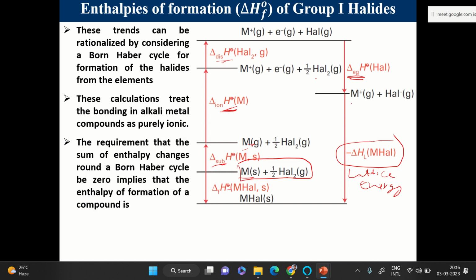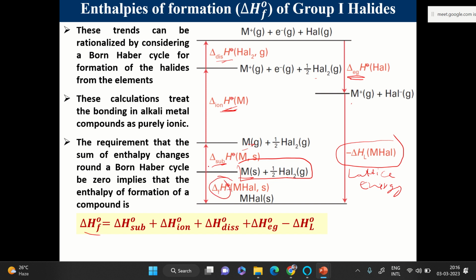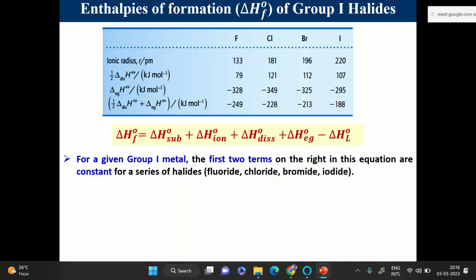So how do we explain the trend that is there? The enthalpy of formation, as we had discussed previously, delta HF, should be equal to the sum of all the things that happen while moving through the cycle: sublimation, ionization, dissociation, electron gain enthalpy, and the lattice energy.